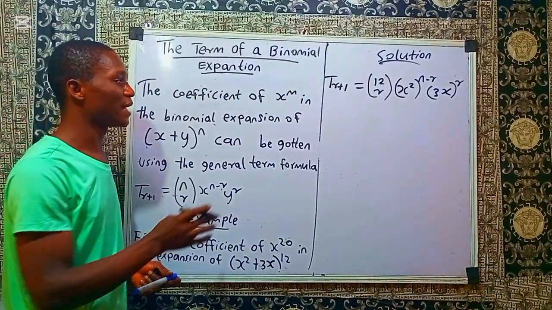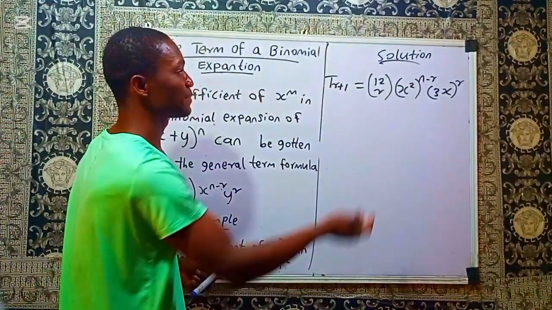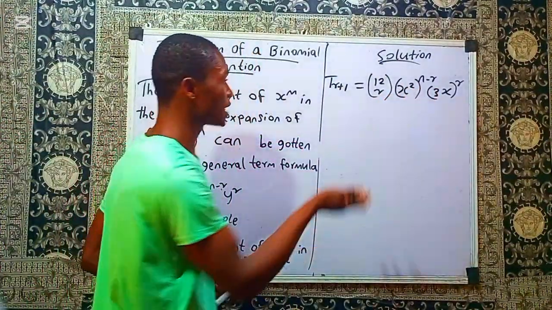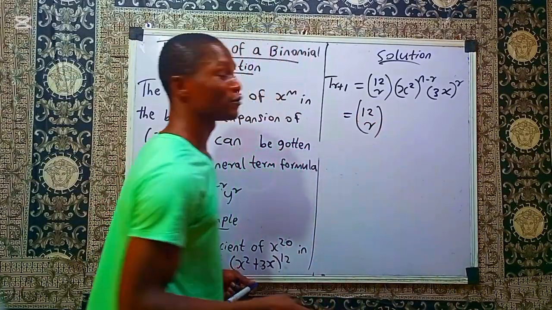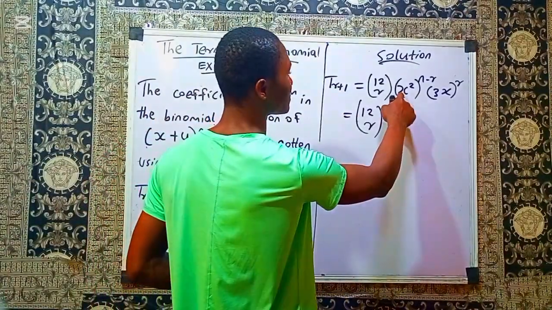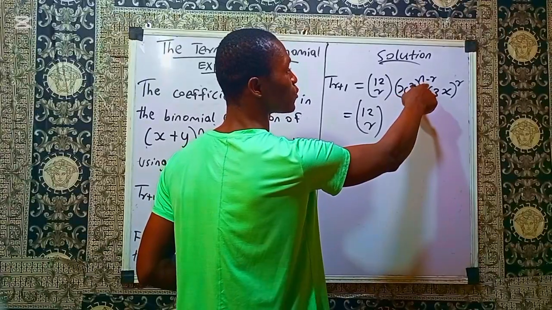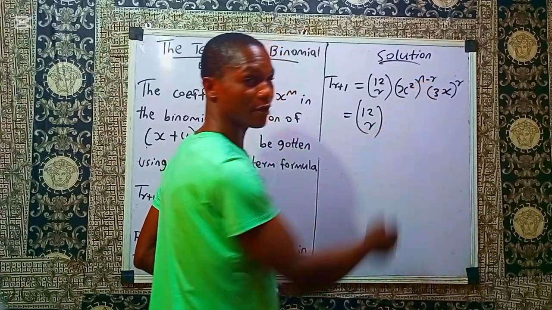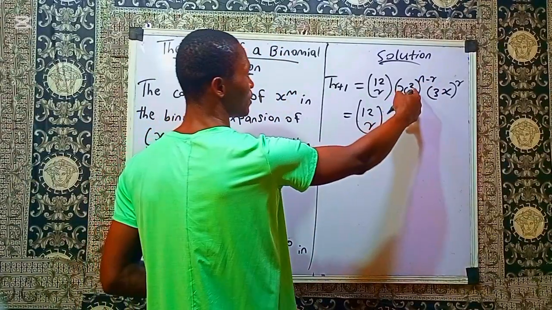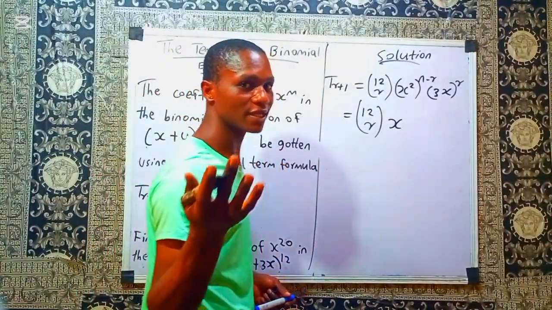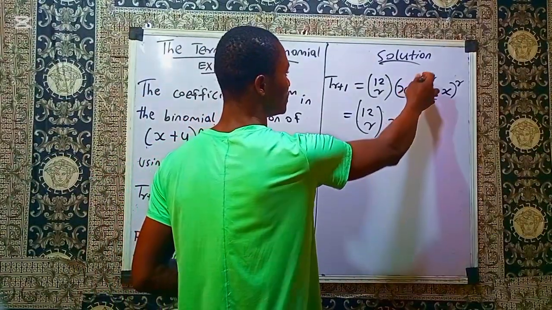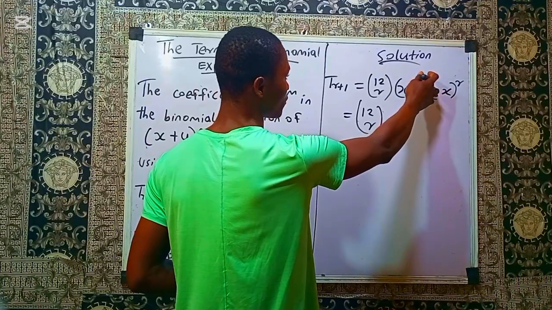So we are looking for the term. We can simplify the index of x here. This will be 12 combination r. Then we have x squared all raised to power n minus r. By the law of indices, you multiply the indices. The index of x here is 2, and the index of the bracket is n minus r.